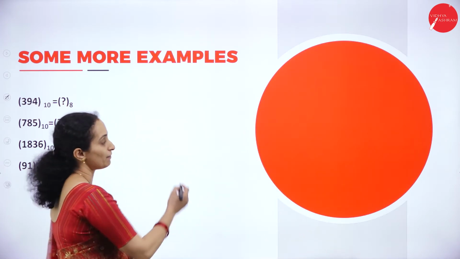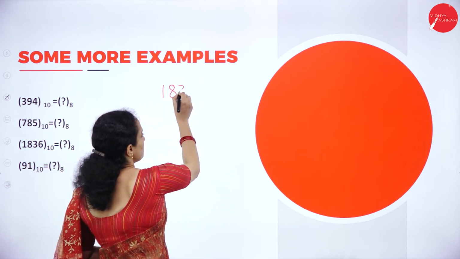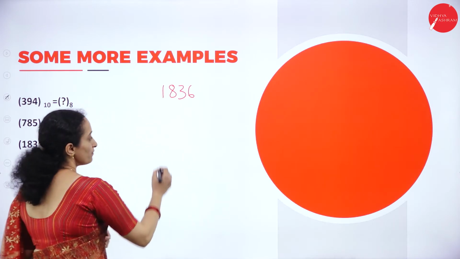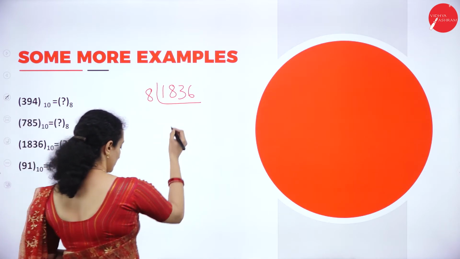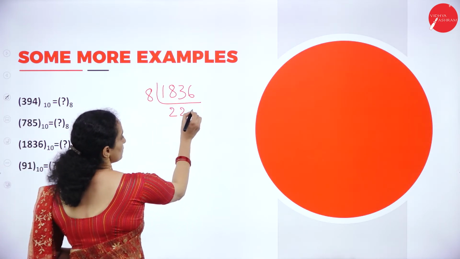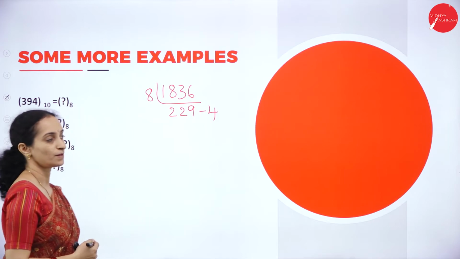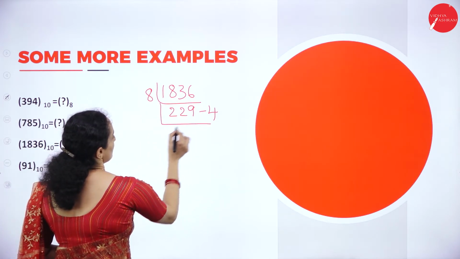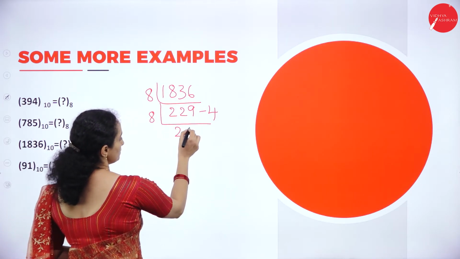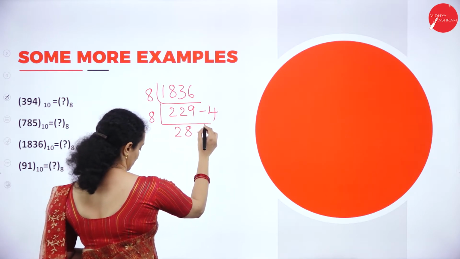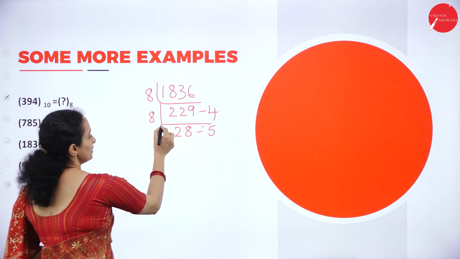I'll take an example: 1836 of base 10. For this, we have to divide it by 8. The value will be 229 and the remainder is 4. Okay. Next, we shall perform the division. The remainder is 5. Okay.